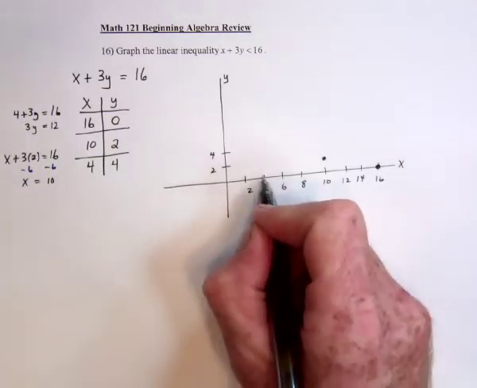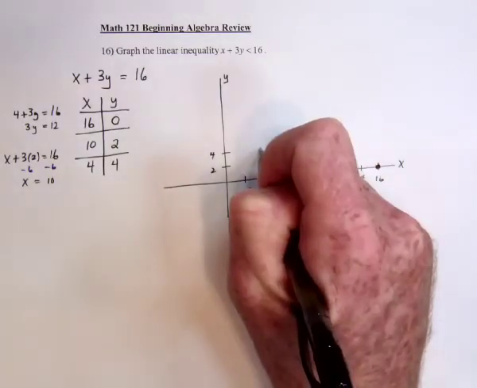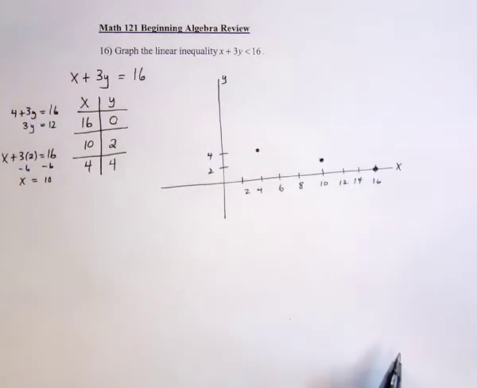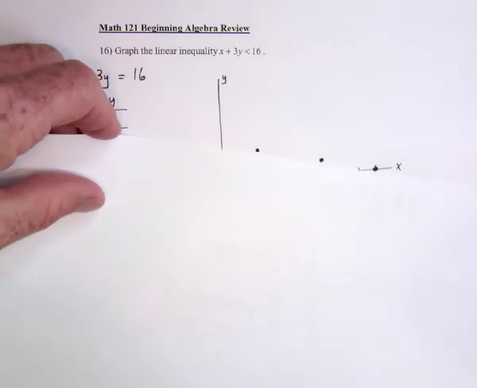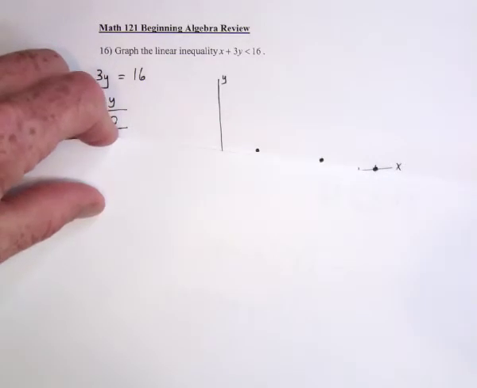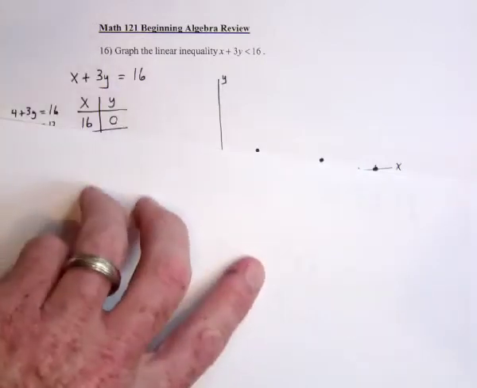So go over by 4, up by 4. And these 3 dots should line up. Of course, my graph is not 100% accurate, but it should be close enough that they look like they're lining up. Yeah, that's pretty good. And then you draw the line.